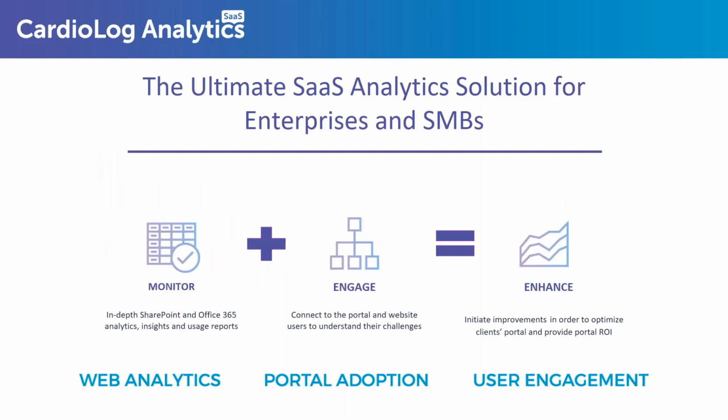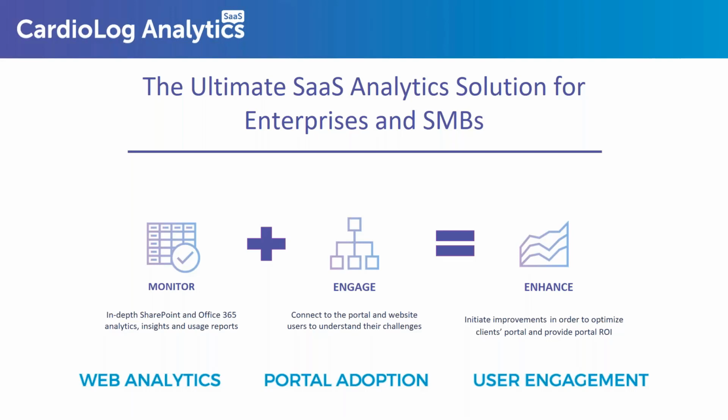Our solution is available both on-premise and as a SaaS version. Our goal is to help our customers constantly improve SharePoint based on how it's being used. So there are three main pillars that we talk to customers about. The first pillar is monitoring activity, which is tracking the usage within SharePoint with in-depth analytics, insight, and usage reports.